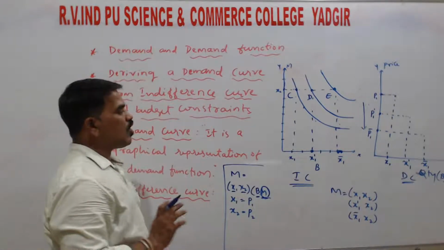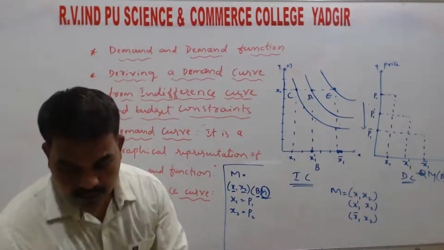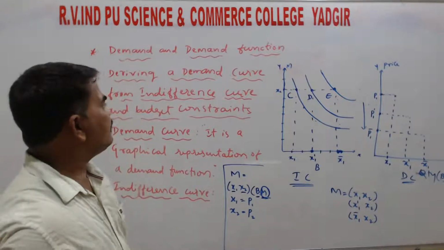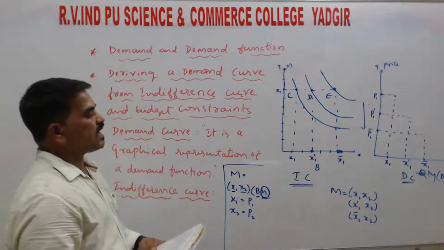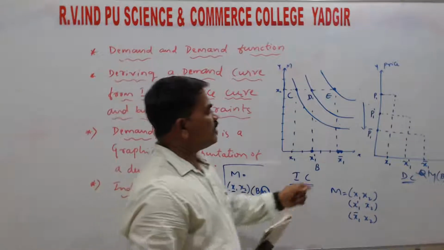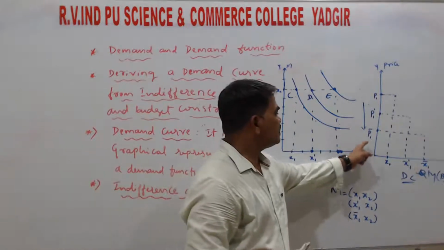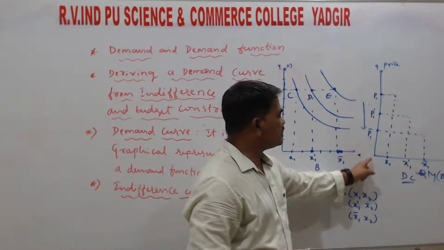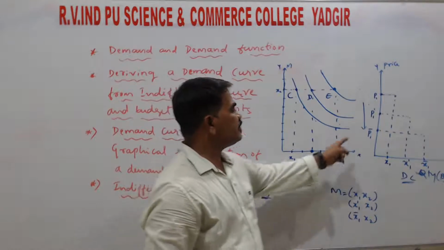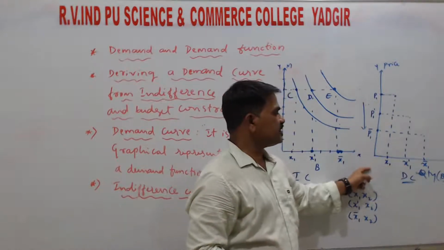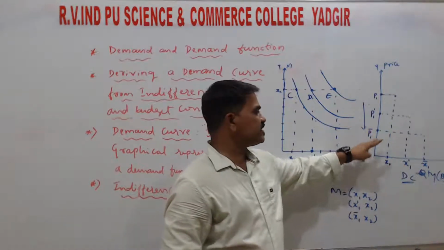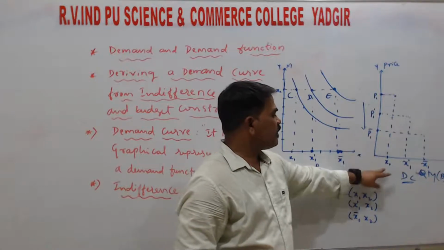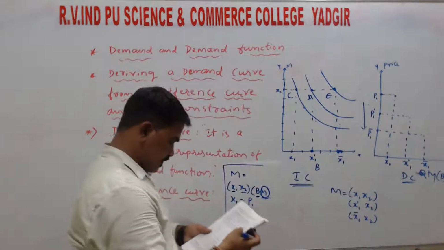That is the law of demand. With the help of this indifference curve, we now understand the law of demand: if the price decreases, the quantity increases; if the price increases, the quantity decreases. There is a negative relationship between quantity and price.